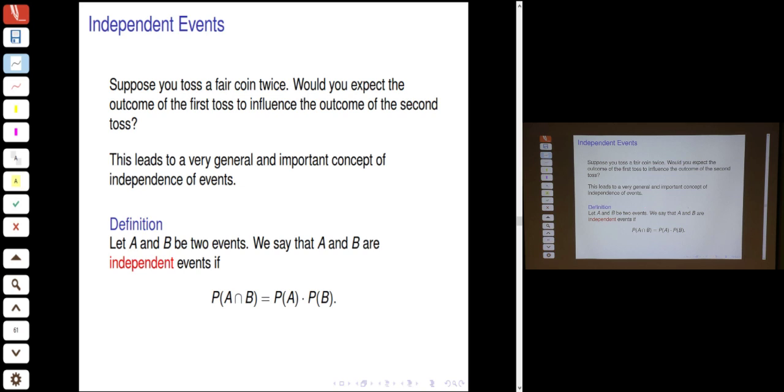We say that A and B are independent if, now we don't explain the meaning, we just look at the numbers. We calculate the probability of A intersect B, and we calculate the product of P(A) and P(B). If they are equal, we say they are independent. If they are not equal, we say they are dependent. Is this okay?